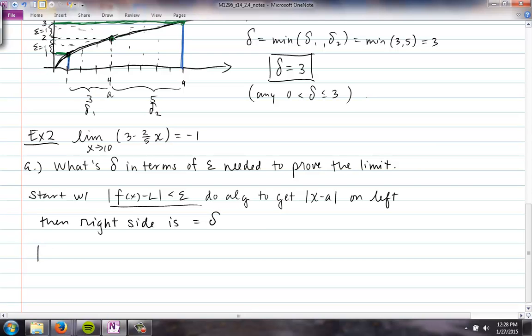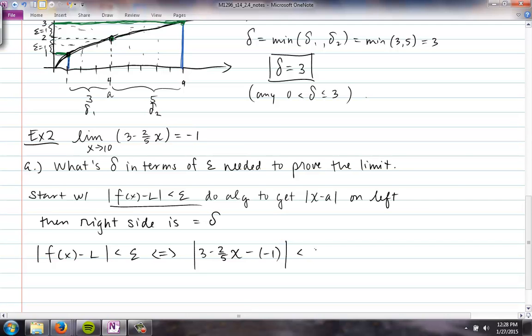So let's actually do what we're saying we're going to do. The absolute value of f of x minus L is less than epsilon. For our particular function, f of x is 3 minus 2/5 x, and minus our L, which is negative 1, also from up here.